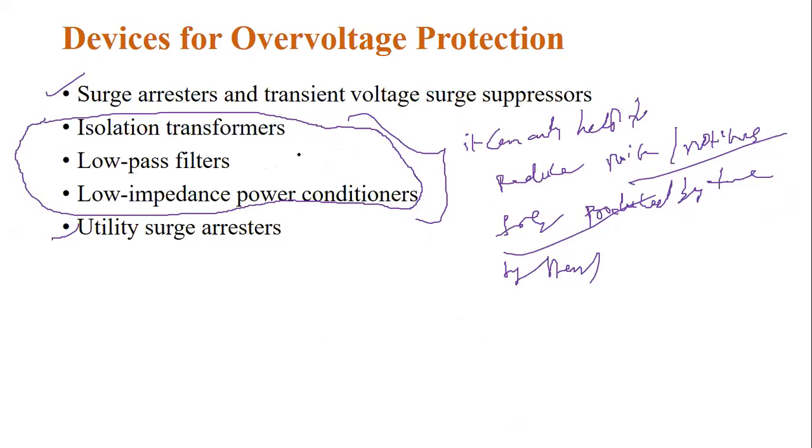The remaining three devices are used to reduce the noises, notchings or frequencies produced by the surge arresters. You know why those problems arise in the system: because of the groundings and other things.